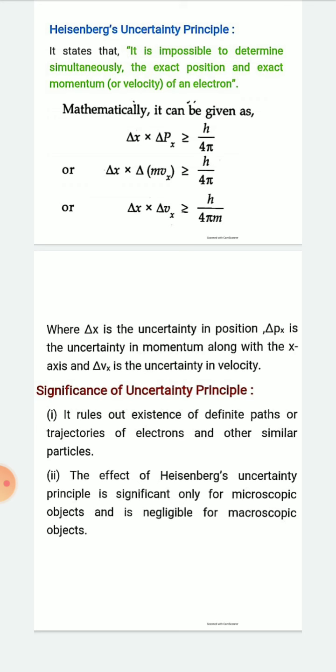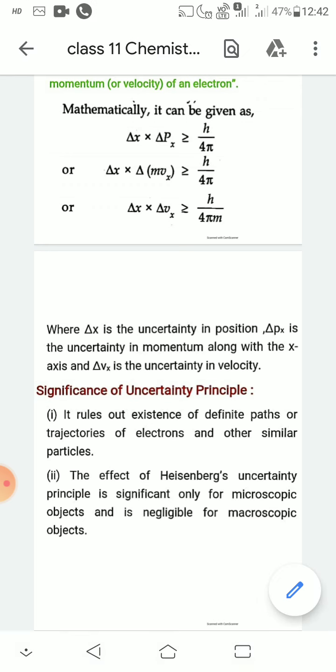According to the Heisenberg uncertainty principle, if you find out exactly the position or the momentum, you will not be able to find out the other property. That is, if you exactly find out the position, then there will be some uncertainty in the measurement of momentum.